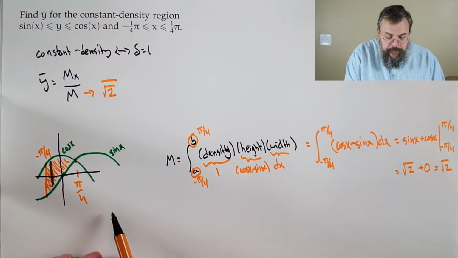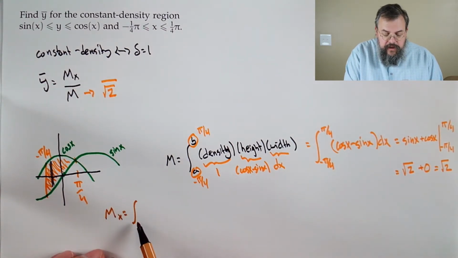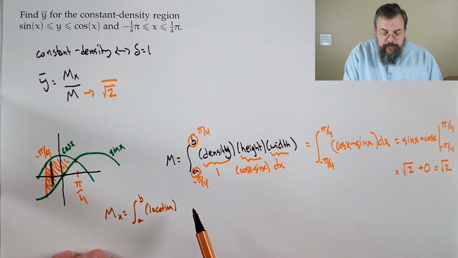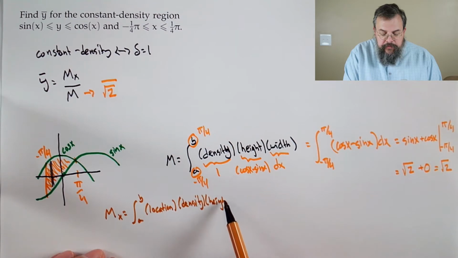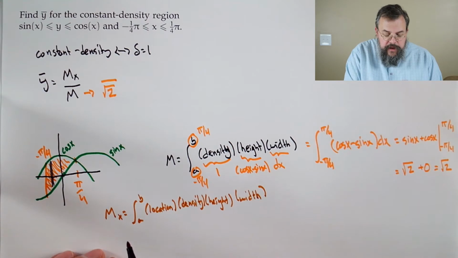So, if we're doing the moment with respect to the x-axis, it's integral, which means we're adding up start to finish, location, or if you like distance, whichever way makes you remember it, density, height, and width. Okay, so there's our generic formula.